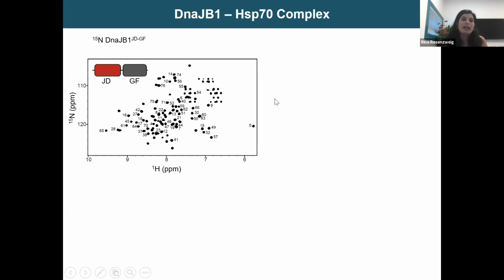So then we move to class B. This is the spectrum of DNAJB1 J domain GF. Again, it has the longer GF-rich region, and we thought that this time maybe the GF will bind, and we will see some difference. But when we added HSP70, we were really surprised to see that there is absolutely no interaction.